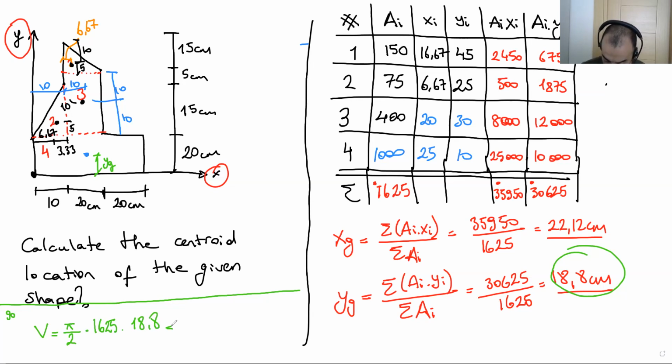Pi over 2, pi times 0.5 times... okay, let me write here.